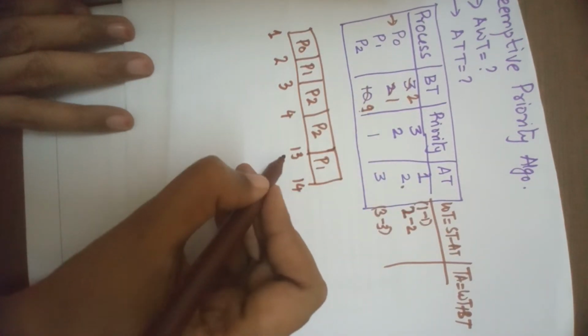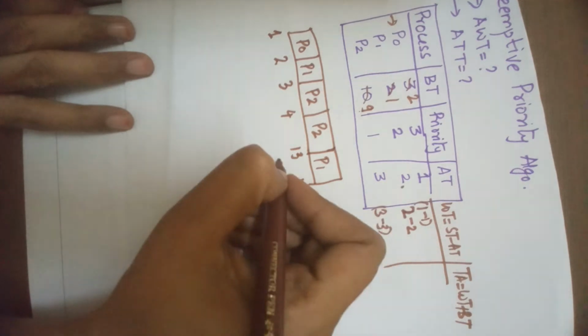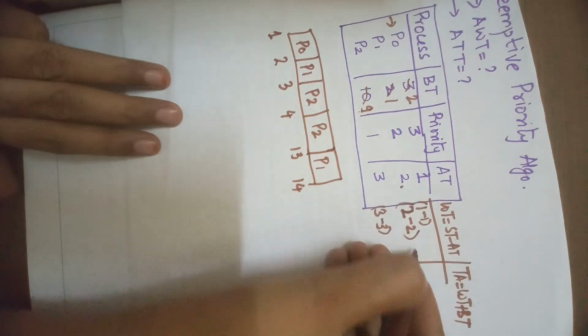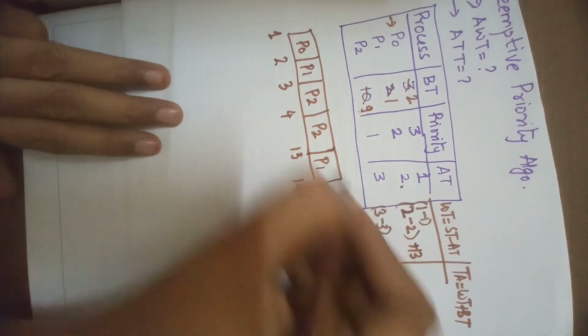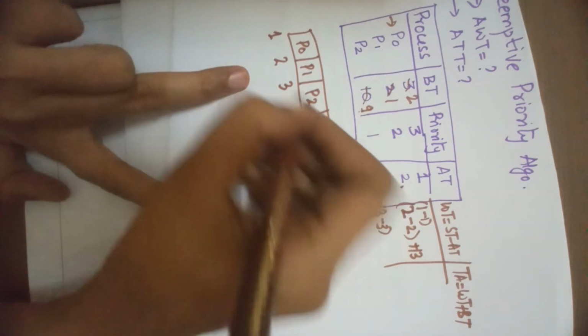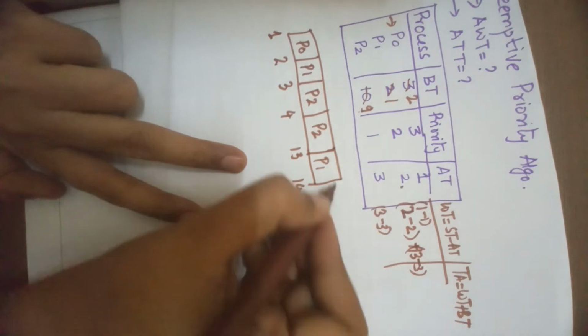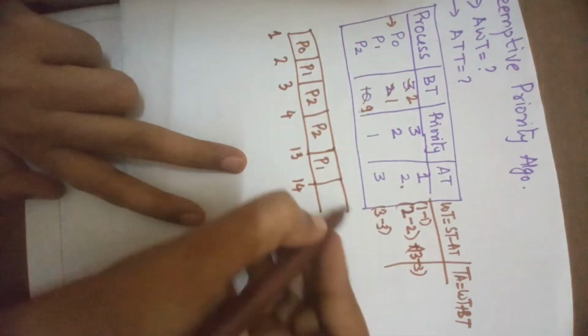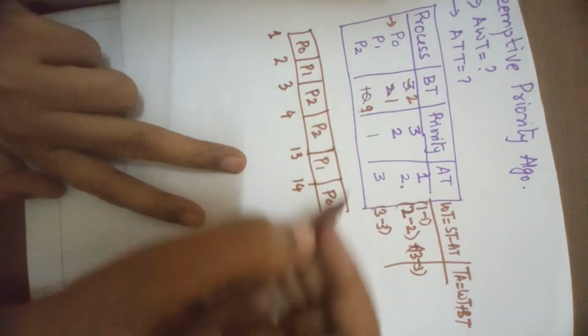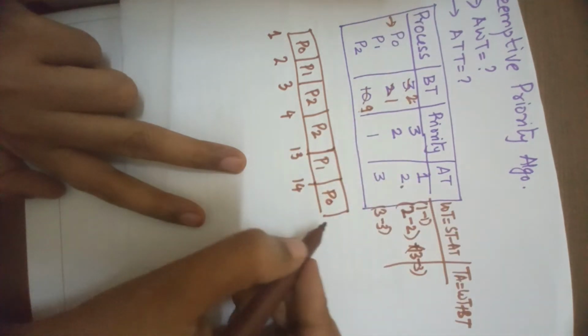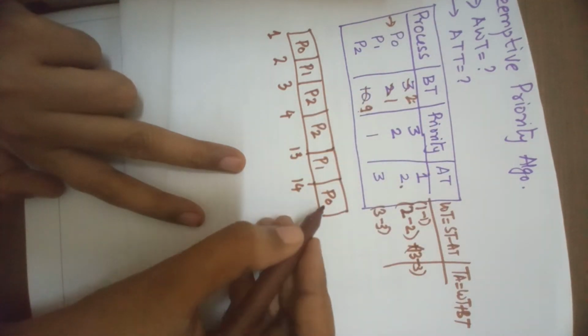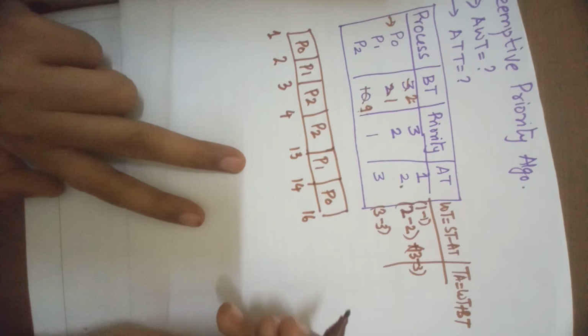P1 started its second execution at 13, and previously it had stopped at the 3rd millisecond. Now P0 is the only process remaining. It will be given the chance for 2 milliseconds because that was the remaining time. So 2 plus 14 will be 16.